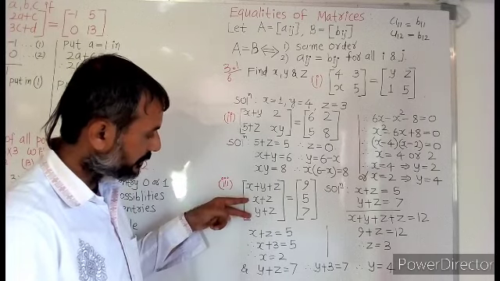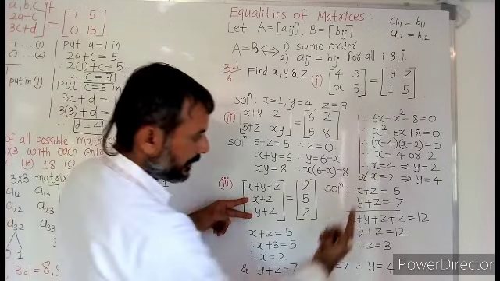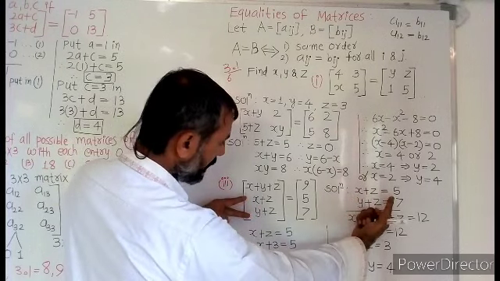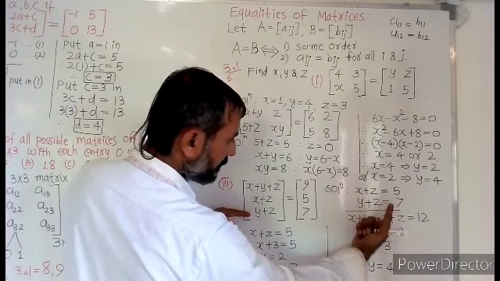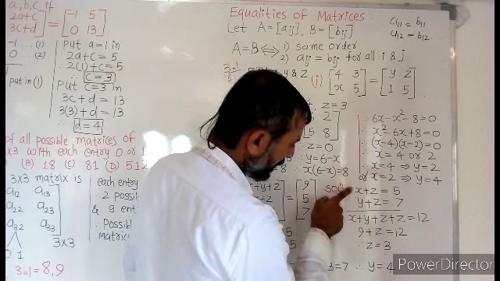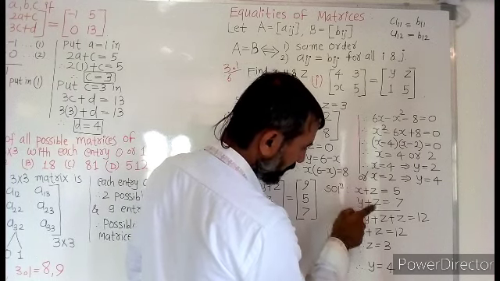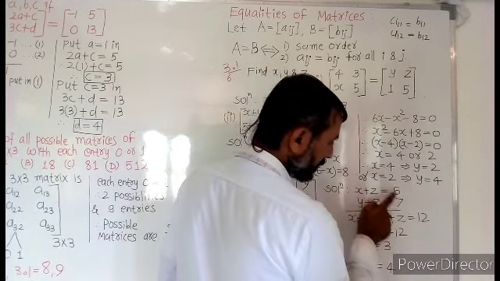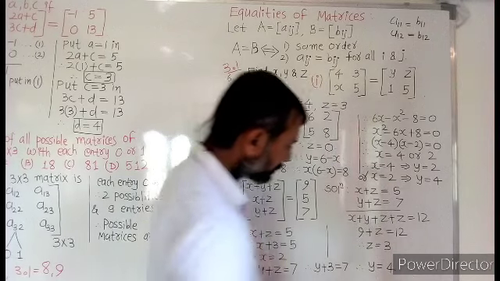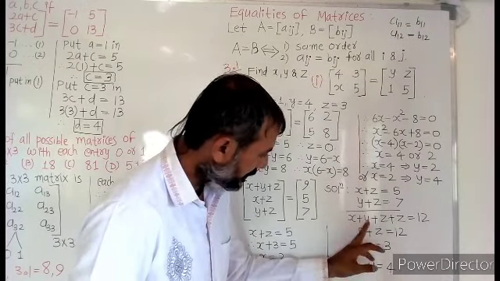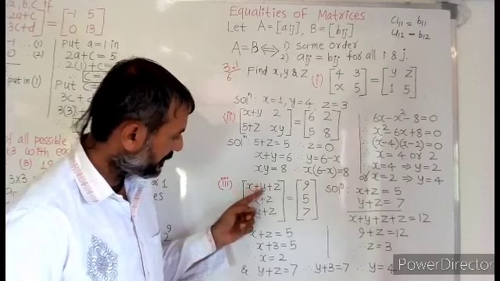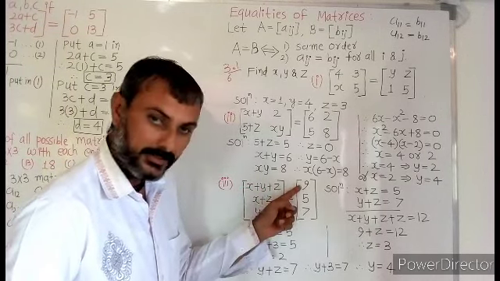First of all, let me solve these two: x plus z equals 5, y plus z equals 7. Adding, we get x plus y plus 2z equals 12. Now what is x plus y plus z? It equals 9.